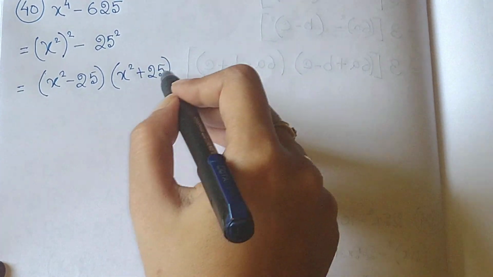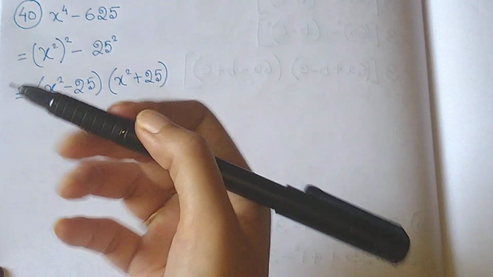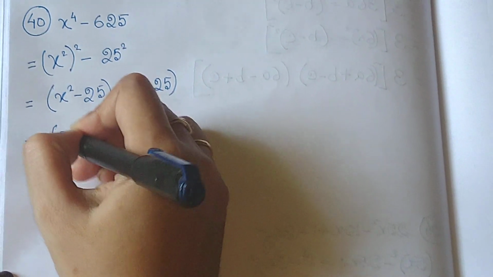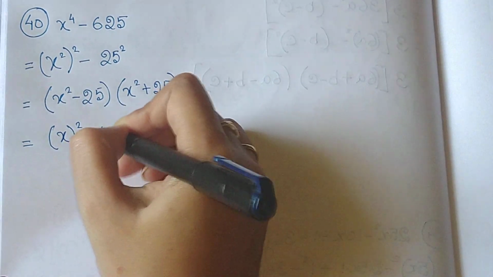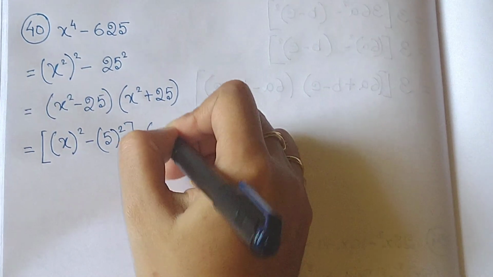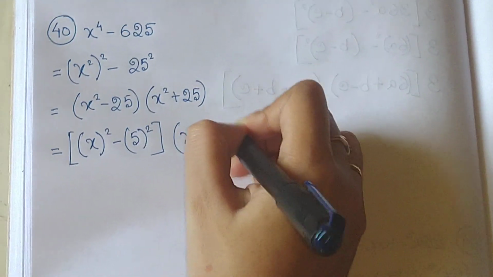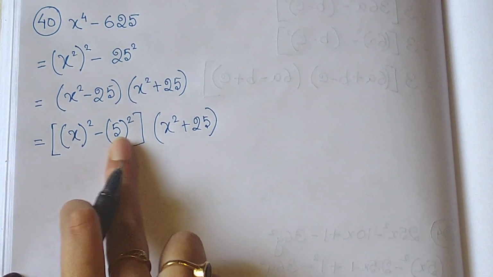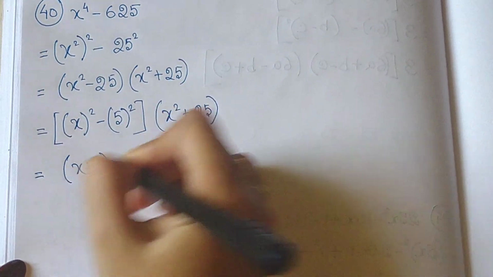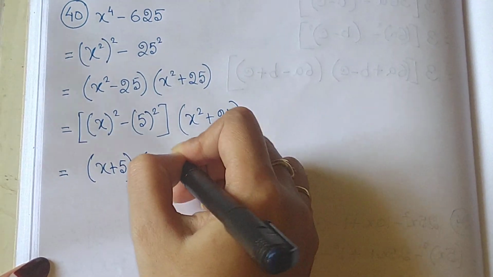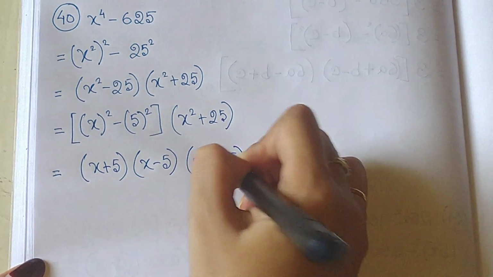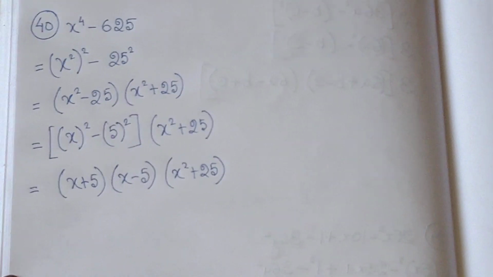So I will not consider this one, but x square minus 25 can be further reduced. So this can be written as x plus 5, x minus 5, and x square plus 25 will remain as it is. So this is your answer.